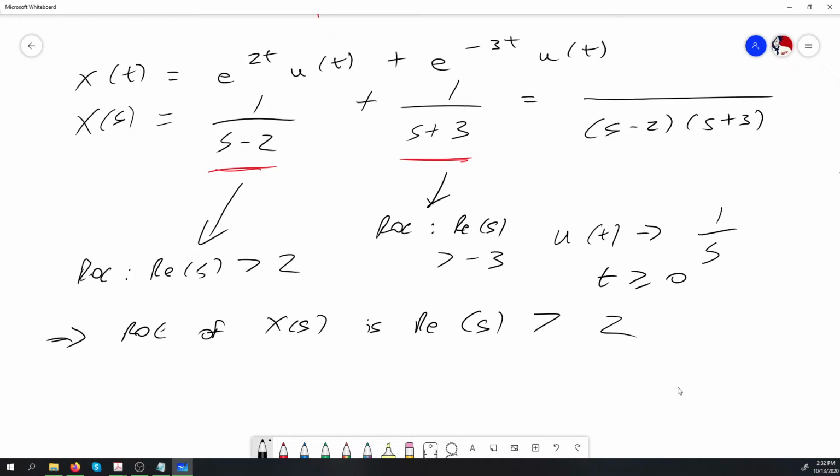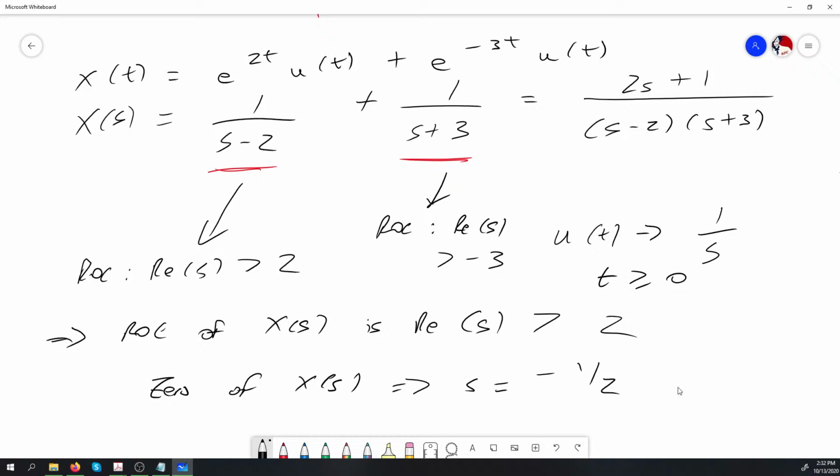Our numerator would be s plus 3 plus s minus 2, so that gives us 2s plus 1. That means our zero of X of s would be at s equal to minus 1 divided by 2.